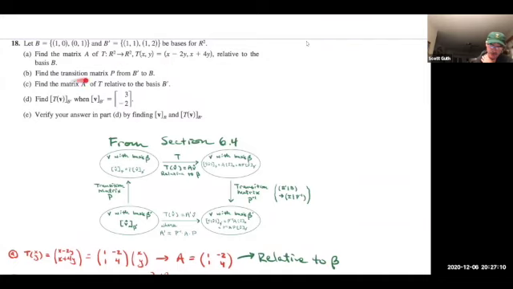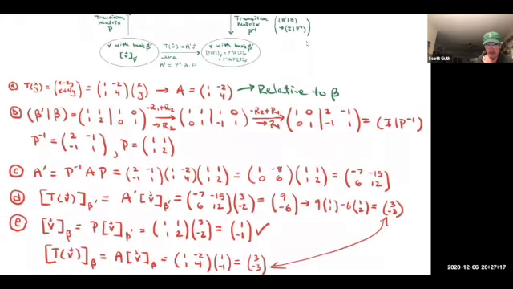And then in B, they want the transition matrix that goes from beta prime to beta. So we've done this before. You set up a matrix that augments beta prime coordinates first to beta. You do these in columns. So the first column is the first vector in the basis beta prime, and the second column is the second vector for beta prime.